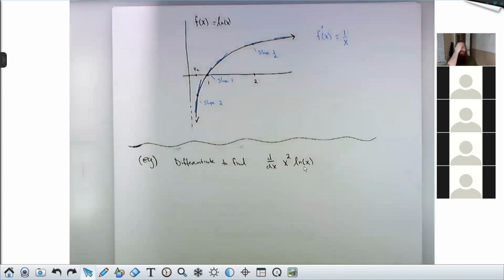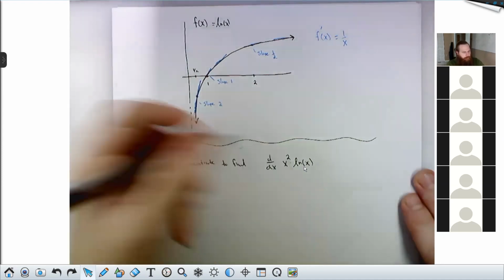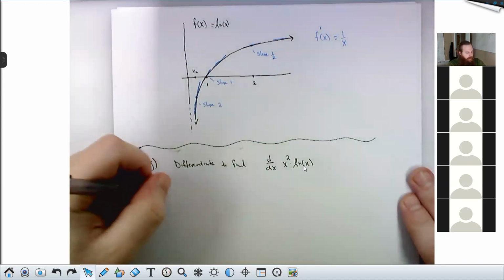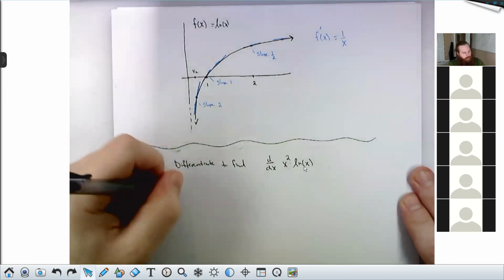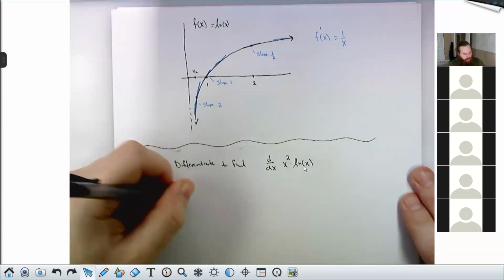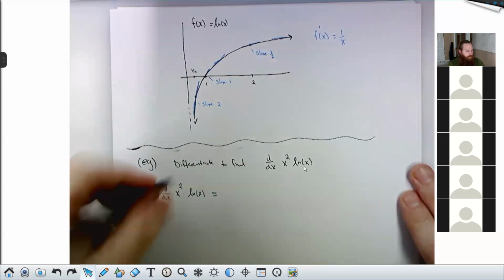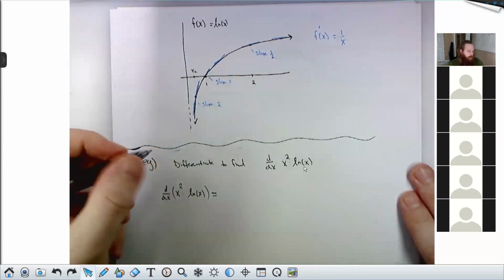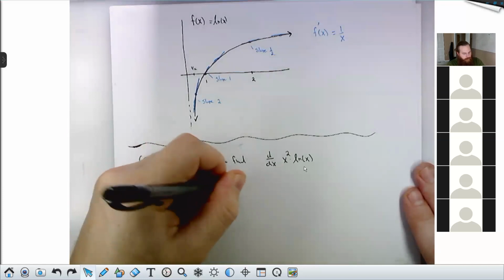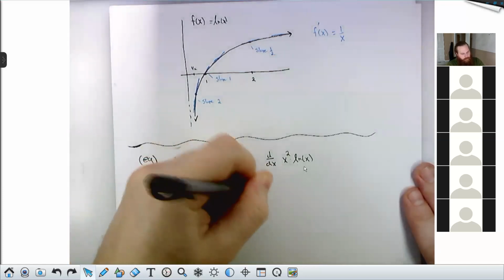Let's see if we can find the derivative of x squared times ln x. What rule am I going to need here? Product rule. Yeah, it's going to be a product rule thing, because this is a product, x squared times ln x. If I want to differentiate the whole of x squared times ln x, first I'll differentiate the x squared and leave ln x alone.